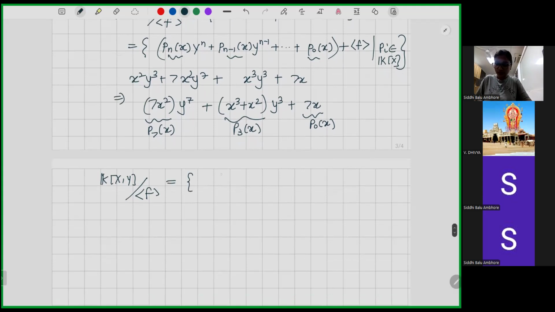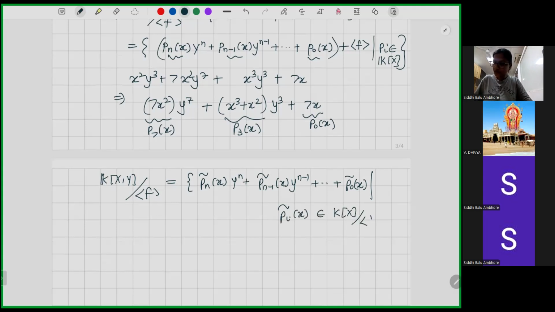So it becomes now what? p̃_n(x) y^n + p̃_{n-1}(x) y^{n-1}, and so on up to p̃_0(x), such that this p̃_i(x) belongs to this field K[x] mod f.